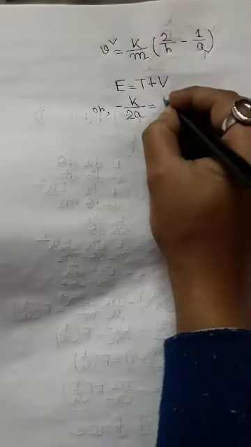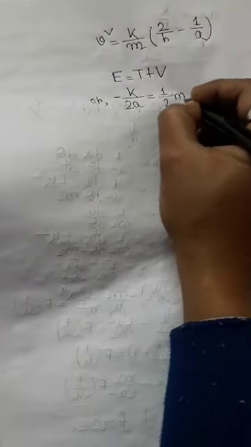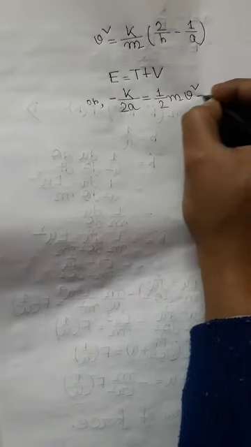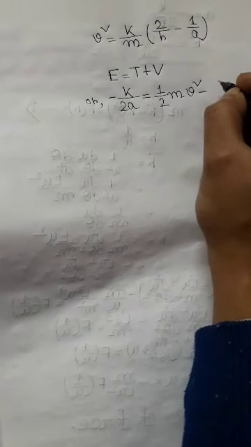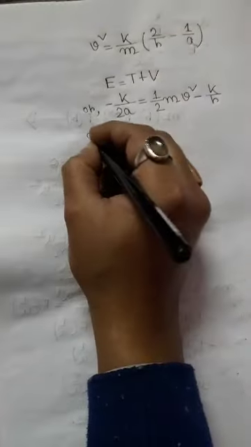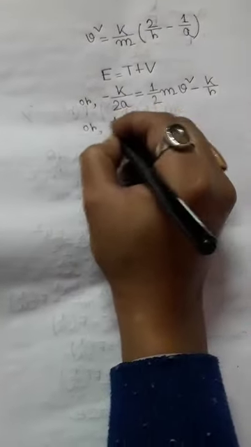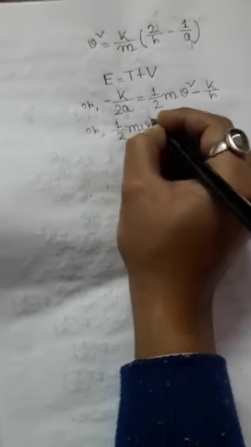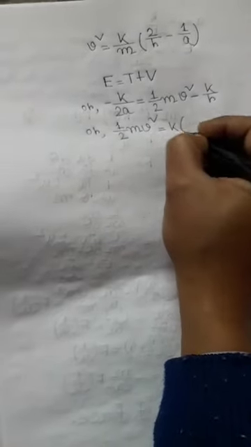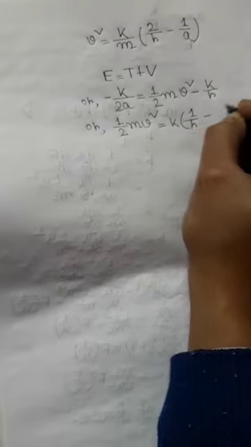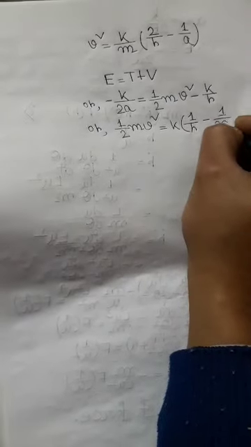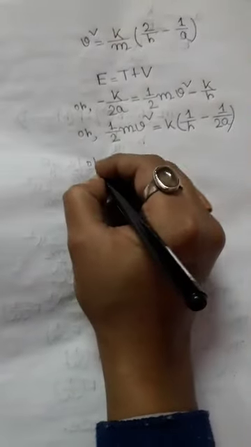Now if v is the velocity of the particle, then kinetic energy would be half m v square, and for an inverse square field, the potential energy we can write as minus k by r. So just simplify it: half m v square equals k into 1 upon r minus 1 by 2a. So what would be my v square?